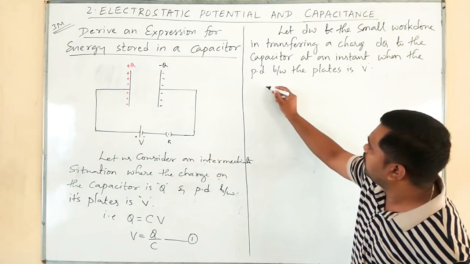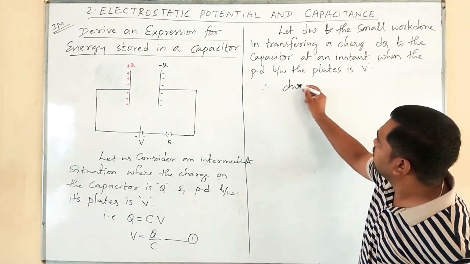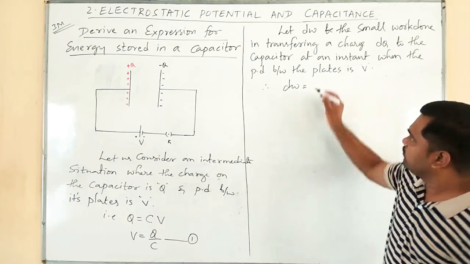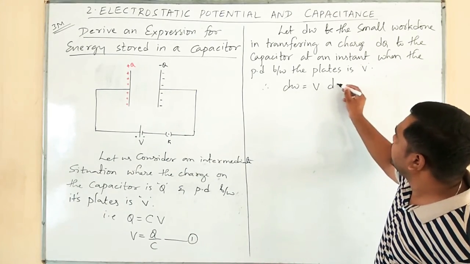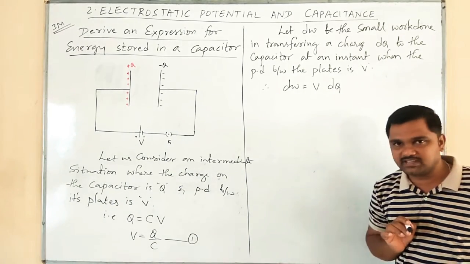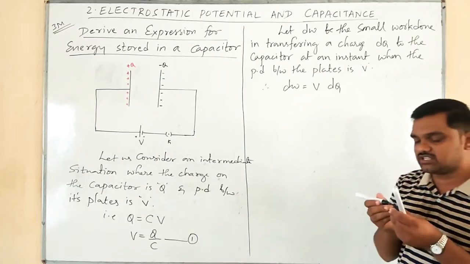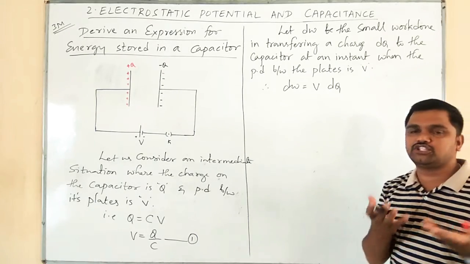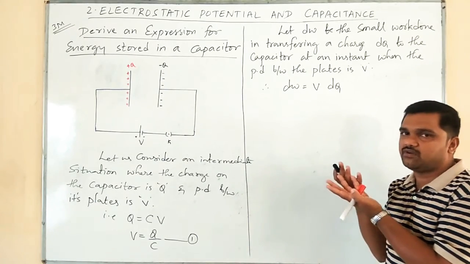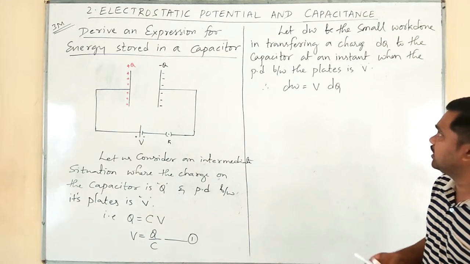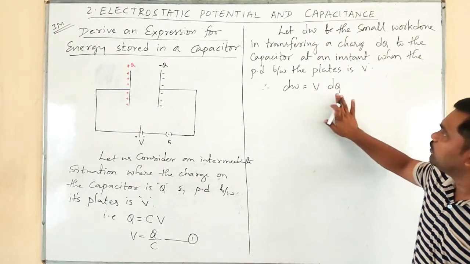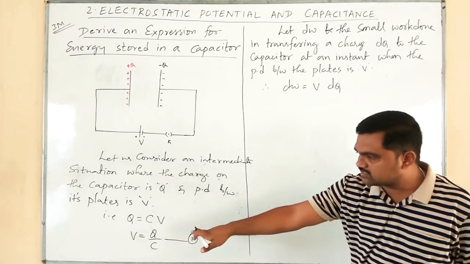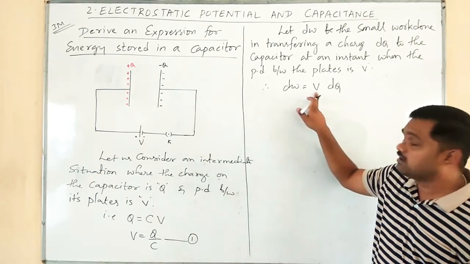Therefore, dW is given by the formula V into dq, isn't it? While discussing the concept of electric potential and potential difference, I have repeated this many times. dW is equal to V into dq. What is the value of V?